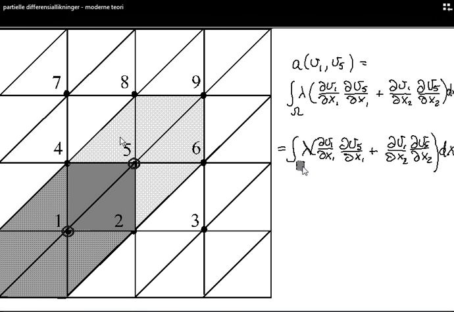So what we have to do is to calculate the partial derivatives in both these triangles and find the value of them in both triangles, and take the integral over this area and find the values.